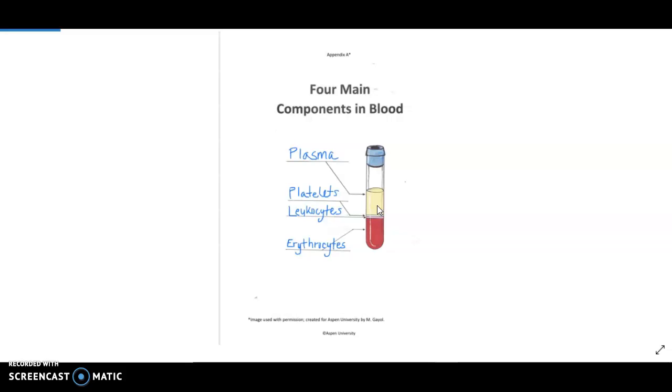Those include albumin, immune proteins, transport proteins, clotting proteins. The clotting proteins obviously help with blood clotting. Transport proteins bind and transport molecules through the blood. Immune proteins are produced by white blood cells, and they help with the immunity.